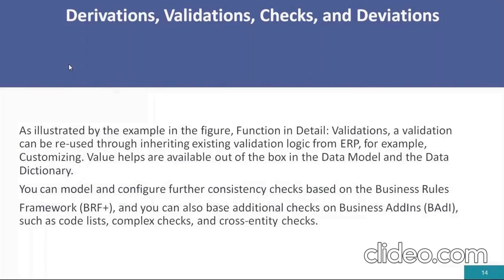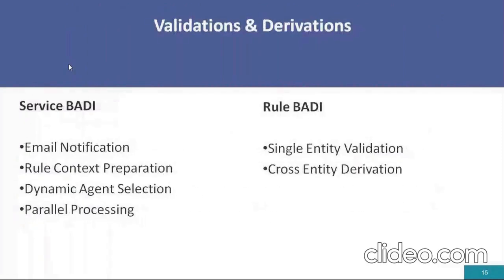So in this particular chapter we will mainly use BRF+ and ABAP BAdIs. Here we have two different topics to talk about. One is the service BAdI, another one is the rule BAdI. Under service BAdI, we will talk about email notification, rule context preparation, dynamic agent selection, and parallel workflow processing.